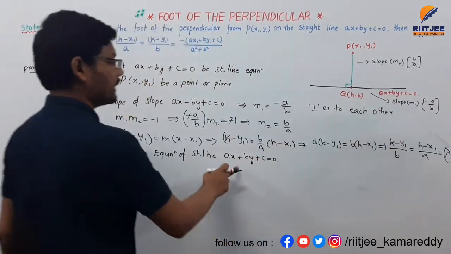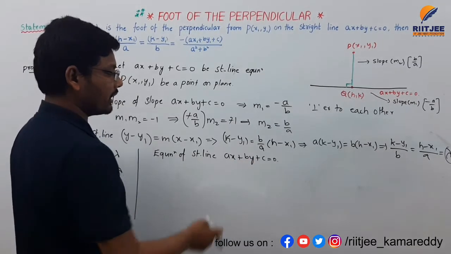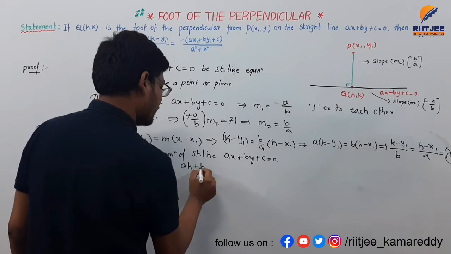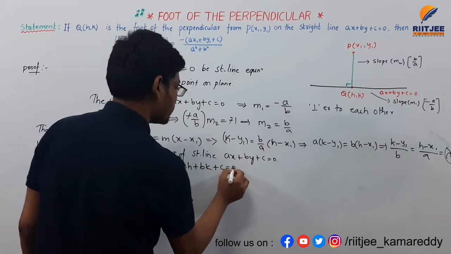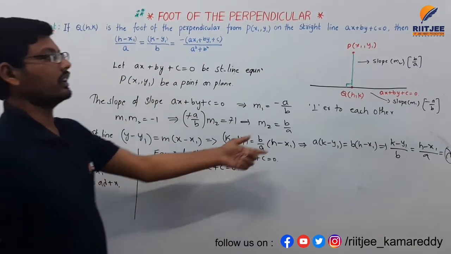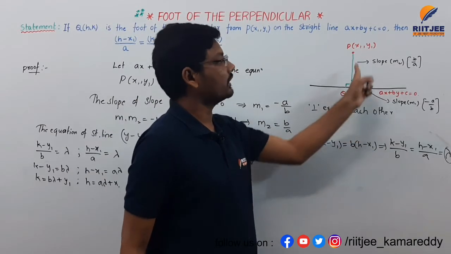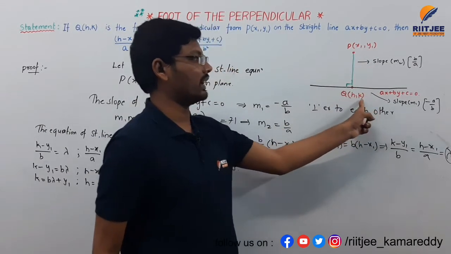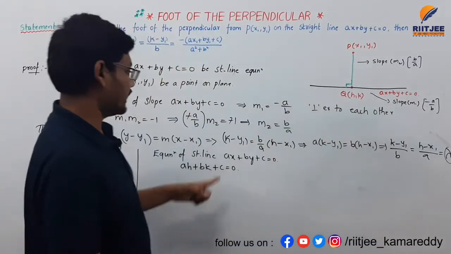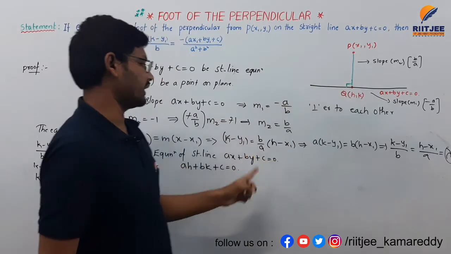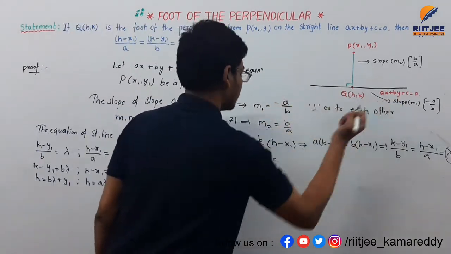So let's substitute h comma k in place of x comma y. So ah plus bk plus c is equal to 0. This equation should satisfy h comma k. The equation of this line is this one here, and the equation of this line is this one here.